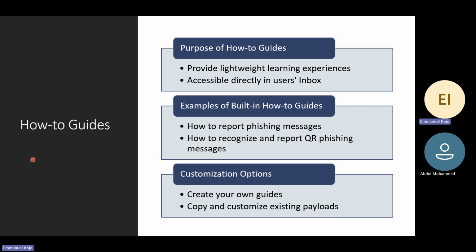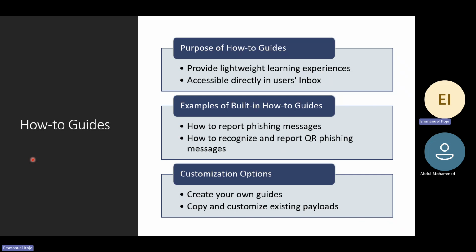So all those how-to guides: how do you spot if a message is a phishing email, right? For example, how do you report a phishing message? How do you recognize and report a QR phishing message? All those how-to guides, you provide for your organization. So for simulations based on the how-to guide social engineering technique, the purpose is not to test users.